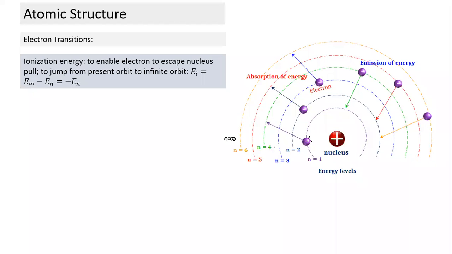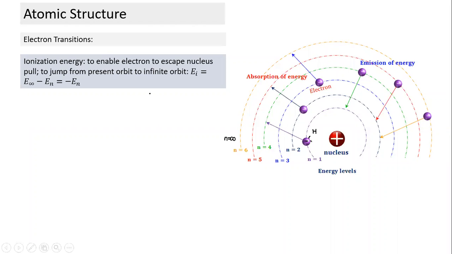So if I ask you, what is the ionization energy required for a hydrogen atom when the electron is in the ground state? How much energy is required? En is how much?